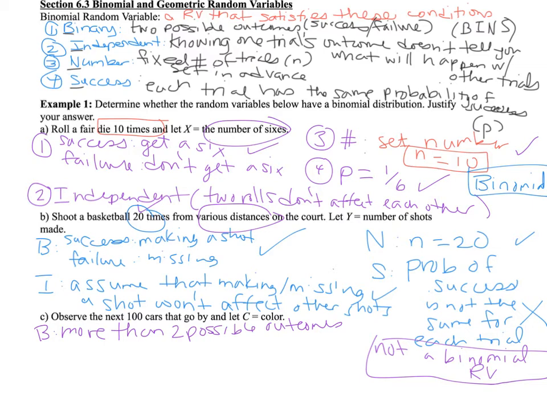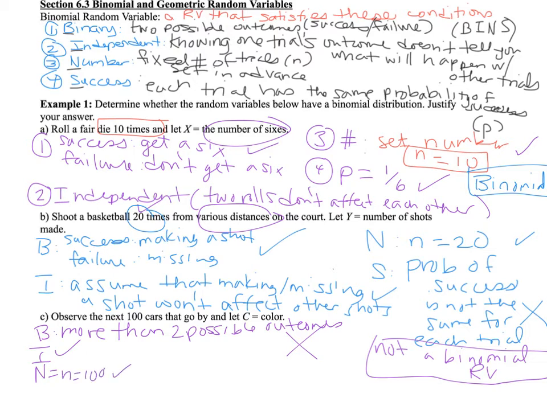You might want to check the other ones just in case, just for practice. You will find that it is, so I'm going to put an X there for the B. You will find that colors of cars are independent. They're not going to affect each other. There is a set number. The N works, so the independent is going to work. There is a set number, which is going to be 100, so that one would work.